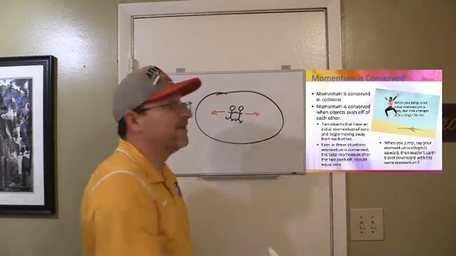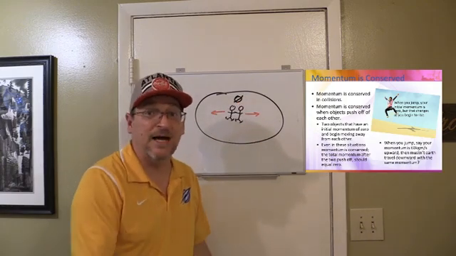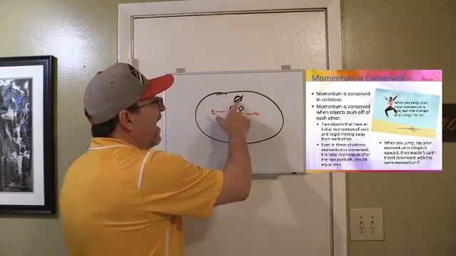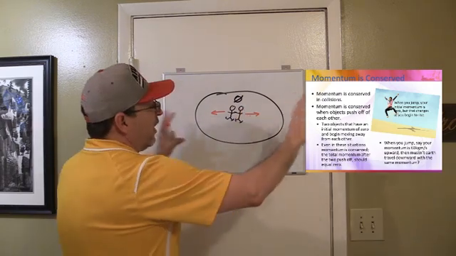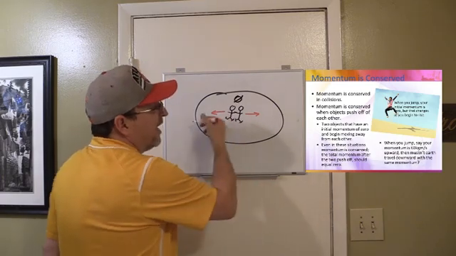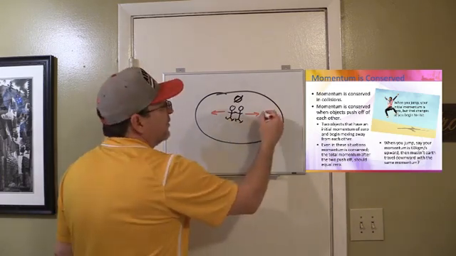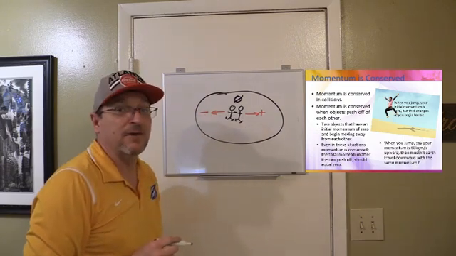Their initial momentum is 0 because neither one of them is moving. And remember, mass times velocity. So altogether, their momentum is going to equal 0. Now, when they push off of each other, we can set it up however we want, but let's say this person over here has the positive velocity, this person has the negative velocity.